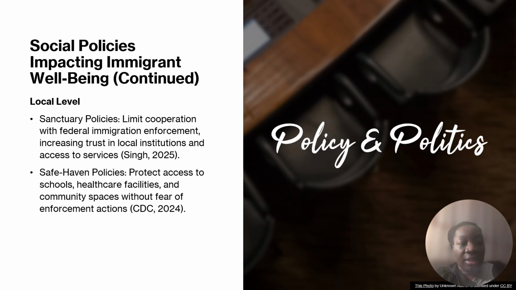And so this sanctuary policy really helps them in trusting local institutions. Also, there is a safe haven policy. That policy protects access to schools, healthcare facilities, and community spaces without fear of enforcement actions. So that's a really great one too, and that is from the CDC.